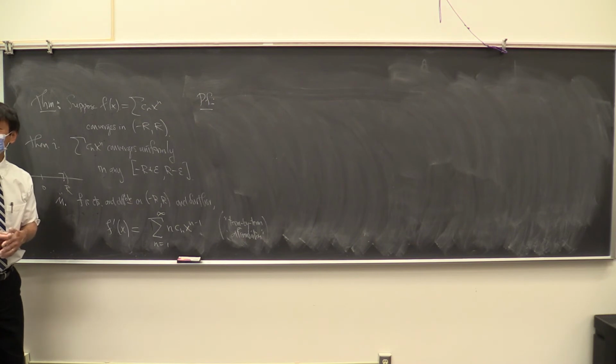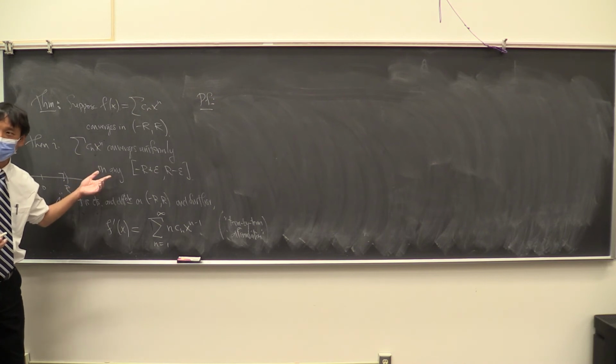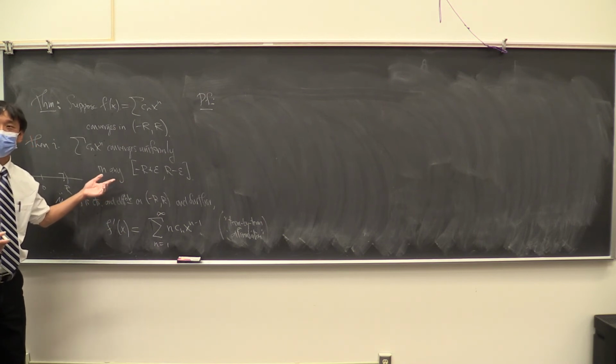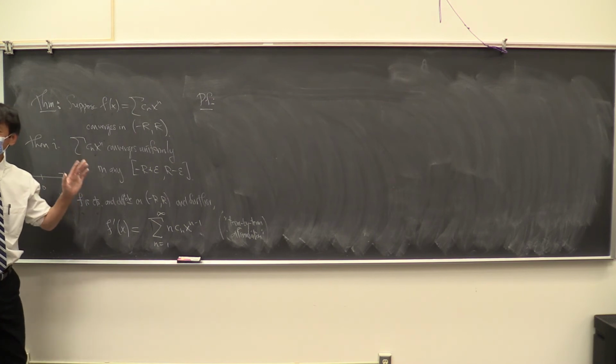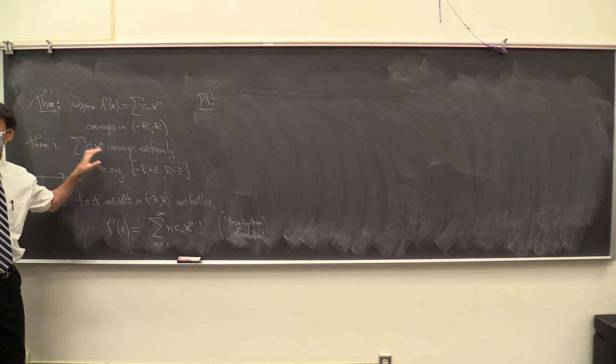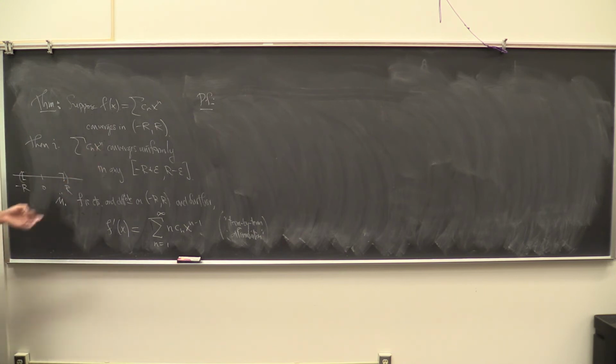We basically have only one tool to show uniform convergence of a series. It's okay, I understand it's risky to say anything. The Weierstrass M-test. That is our tool to show uniform convergence of a series.